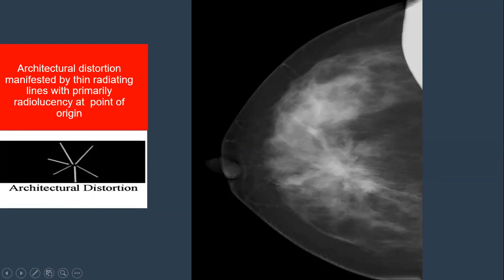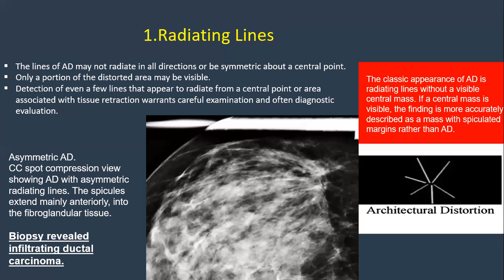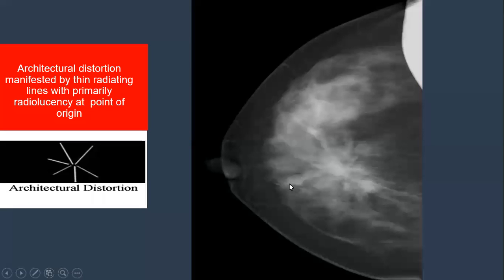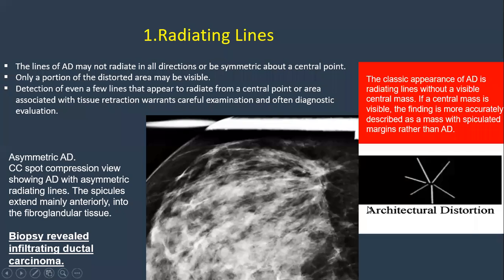If you look here, you can see the lines radiating toward the central point in all directions. But this is not always the case.